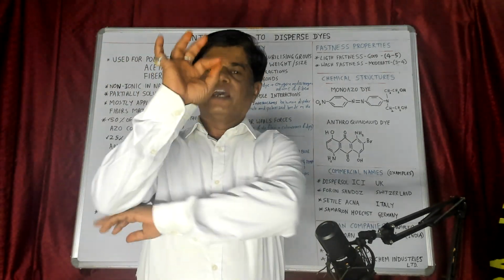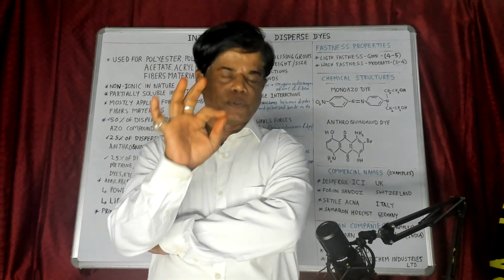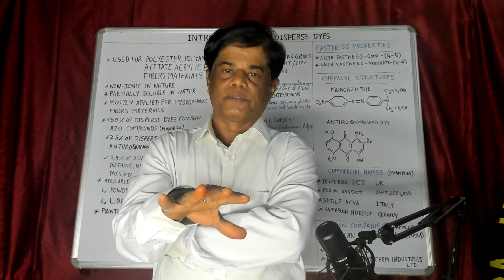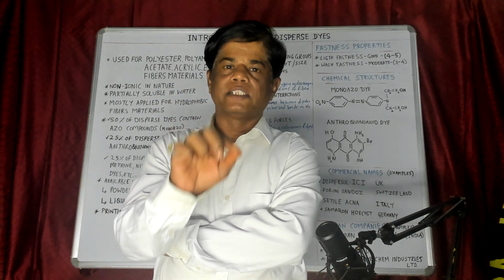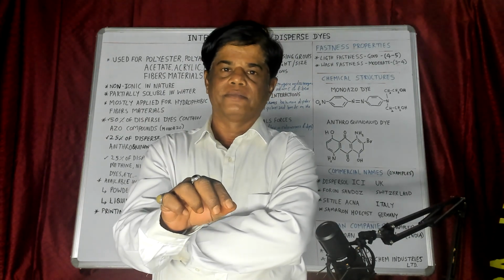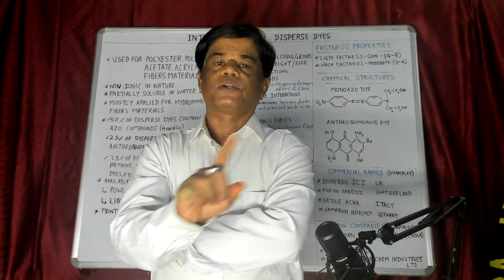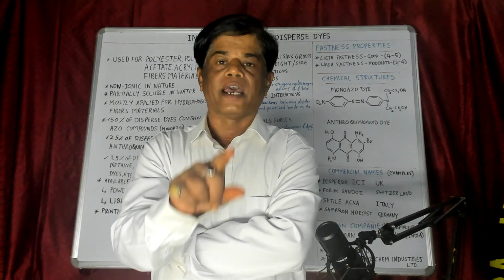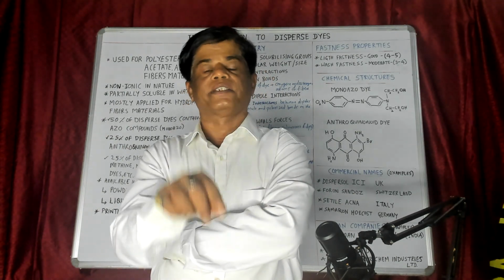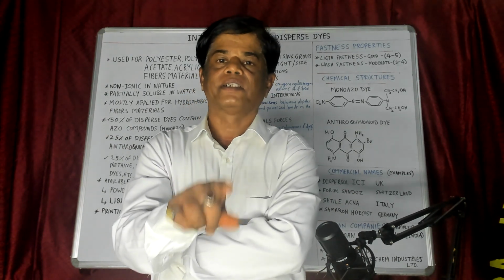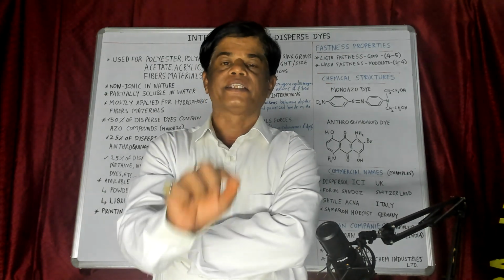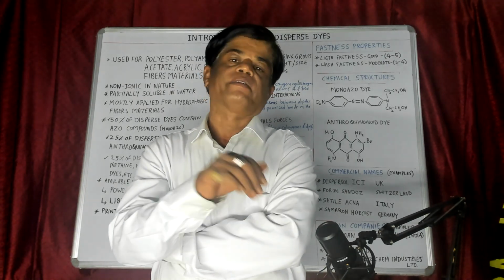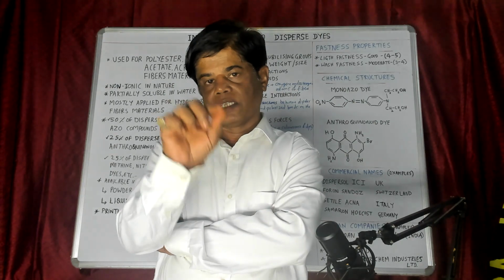Friends, the history in the textile and chemistry books says that disperse dyes were discovered and innovated not to dye polyester fibers, but to dye acetate fibers. Acetate is not a 100% man-made fiber. It is a regenerated fiber like viscose rayon or tencel.